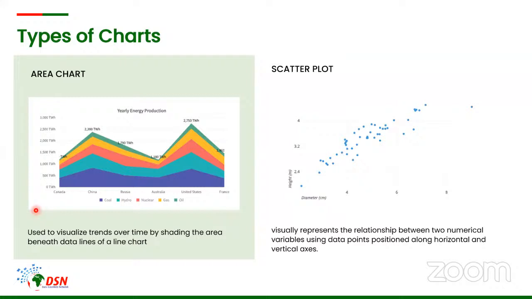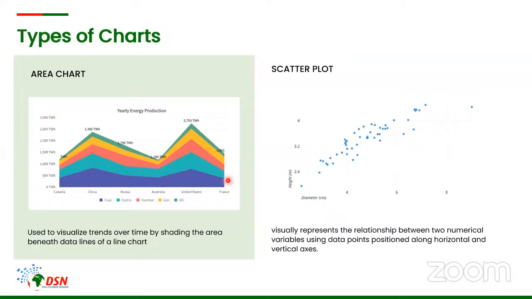We can understand it this way: line charts draw a perimeter, but area charts draw an area. If we say area of a rectangle, we are calculating the fill of that rectangle. But if we say perimeter of a rectangle, we are just calculating the line outside the rectangle. So area chart takes into consideration the fill of the line chart.